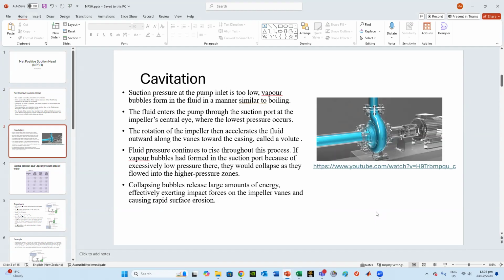Fluid pressure continues to rise throughout this process. If the vapor bubbles had formed in the suction port because of the excessively low pressure there, they will collapse as they followed into the higher pressure zones. Collapsing bubbles releases large amount of energy, effectively extracting impact forces on the impeller vents and causing rapid surface erosion.